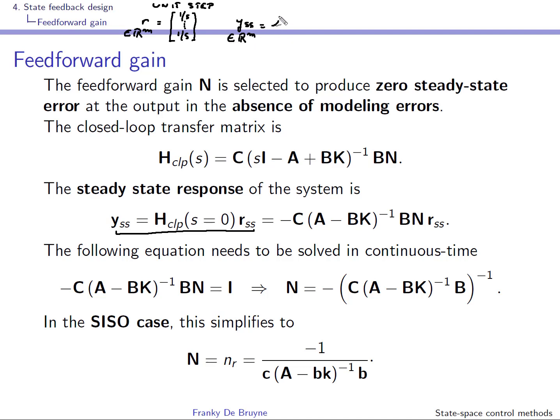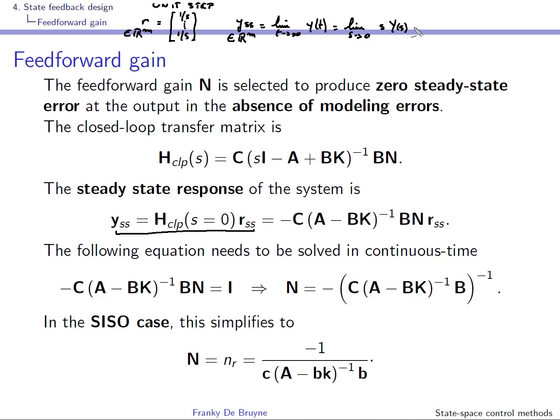By definition, it is the limit when t tends to infinity of y(t), and we can now use the final value theorem. So we have the limit when s tends to 0 of s y(s), right? But y(s) is the closed loop transfer matrix times the reference vector.